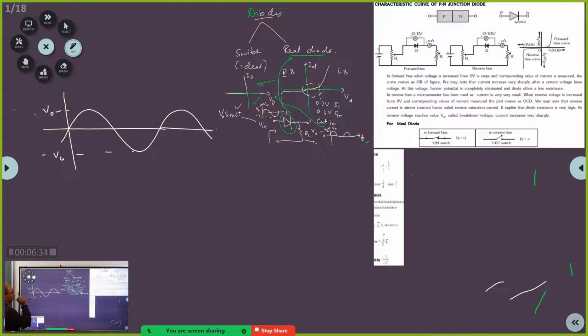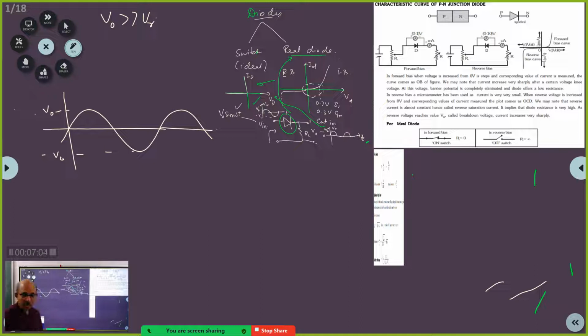Here you see, where VO is much larger than V cut in, or V cut in, the symbol for which is V alpha. So I will say VO is very large compared to V cut in. Say VO is something like around 5 volts, 10 volts.